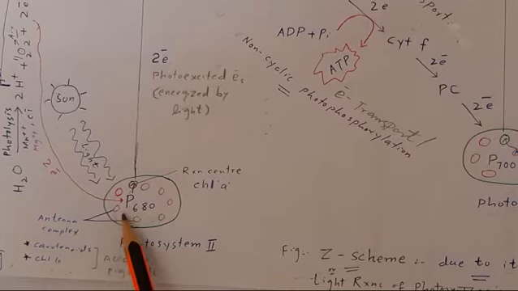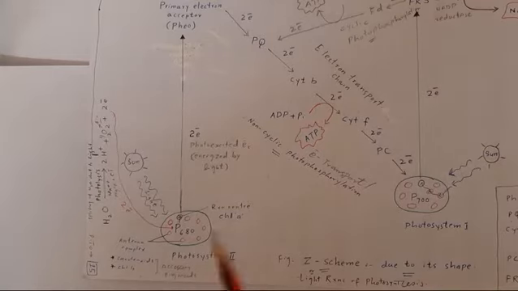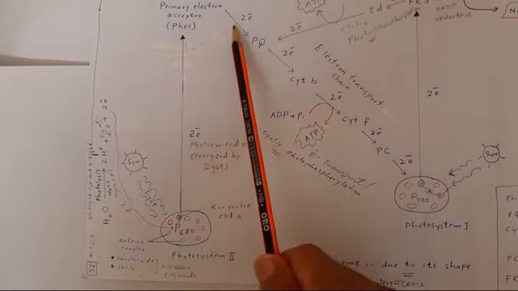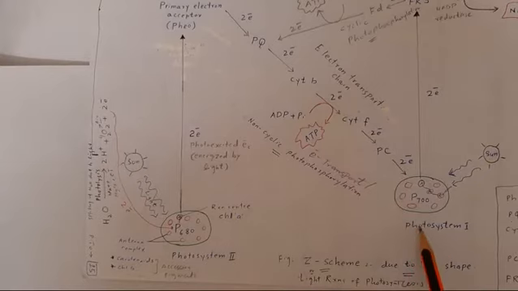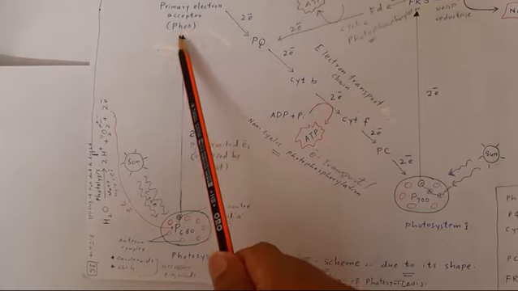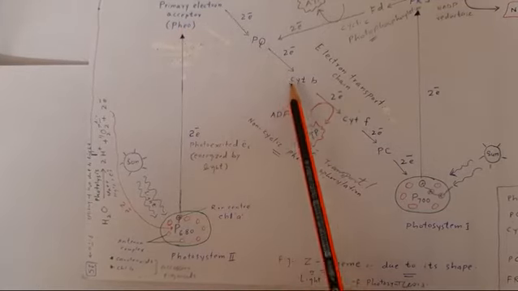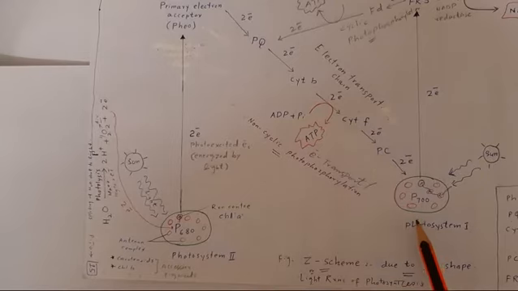These absorb light energy and transfer it to the reaction center, which has one or more molecules of chlorophyll A along with primary electron acceptor, and these are electron carriers up to photosystem 1. Starting from this primary electron acceptor: pheophytin, plastoquinone, cytochrome b, cytochrome f, plastocyanin, and finally comes another photosystem, that is photosystem 1.